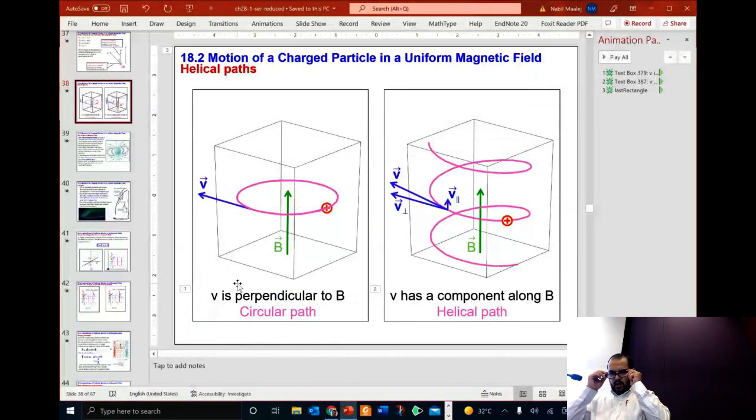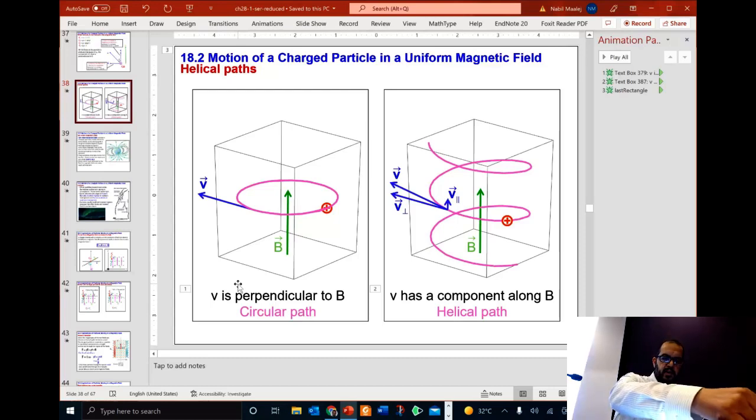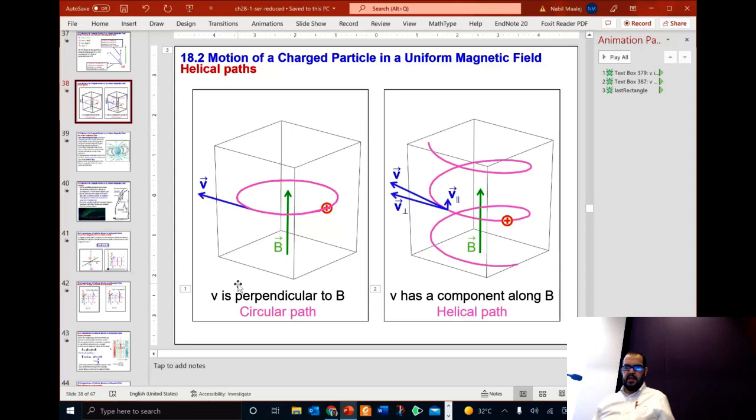Today we will hopefully finish chapter 28. Remember last time we mentioned that if the velocity has a component perpendicular and a component parallel to the magnetic field, then the particle will follow a helical path.